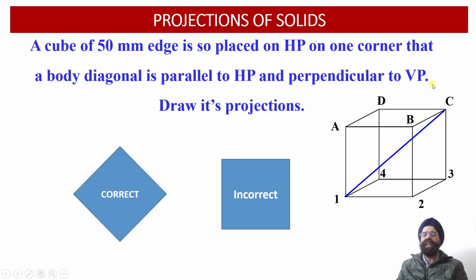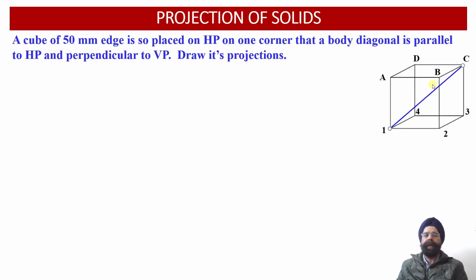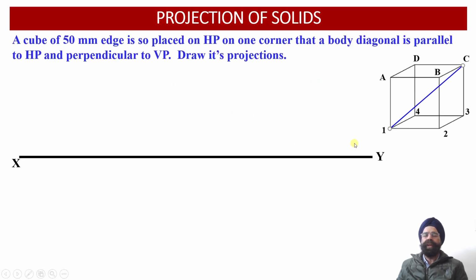So let us proceed with the construction of the front view and the top view projections of this oblique cube. To begin with, we are going to assume that the cube has to be constructed in such a way that the two edges of the cube will be at an angle of 45 degrees with respect to the vertical plane.